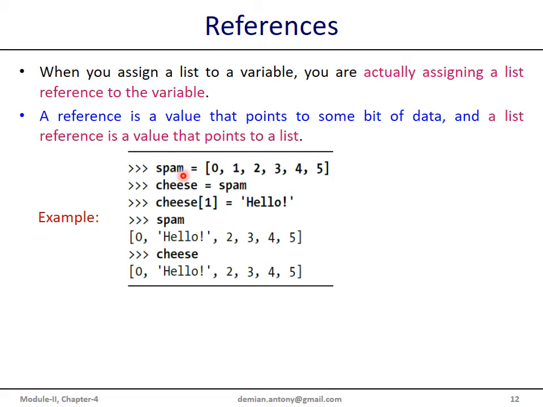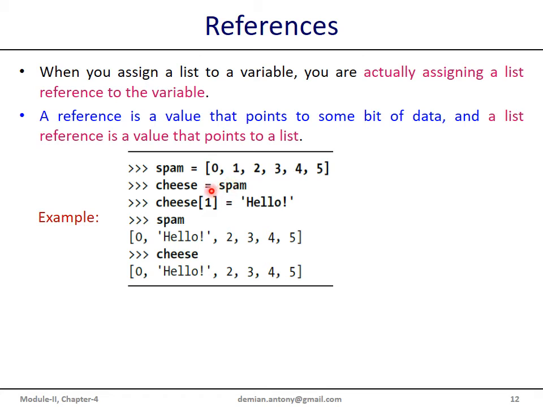And when we assign this spam to another variable, it implies that we are assigning a list reference to another variable. Thus cheese also becomes a reference to the same list. And now we have two different references to the same list. The list is 0, 1, 2, 3, 4, 5 elements.